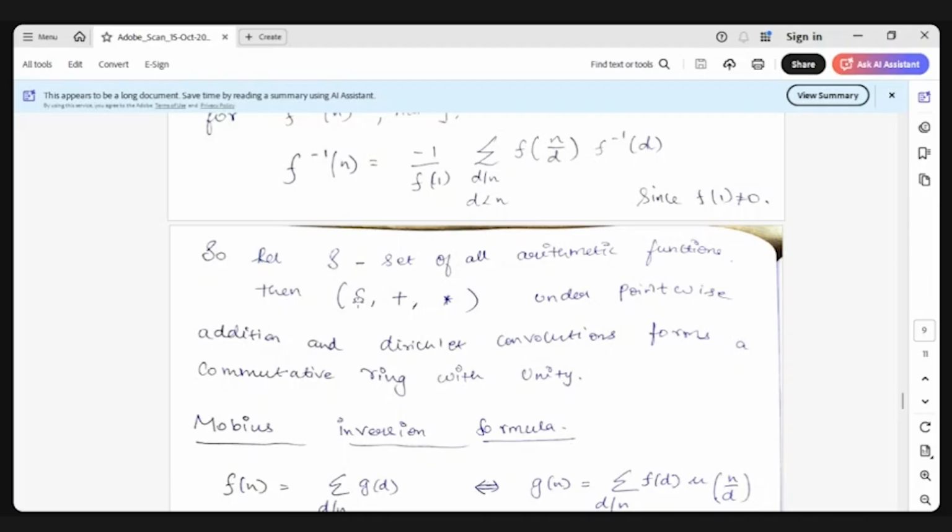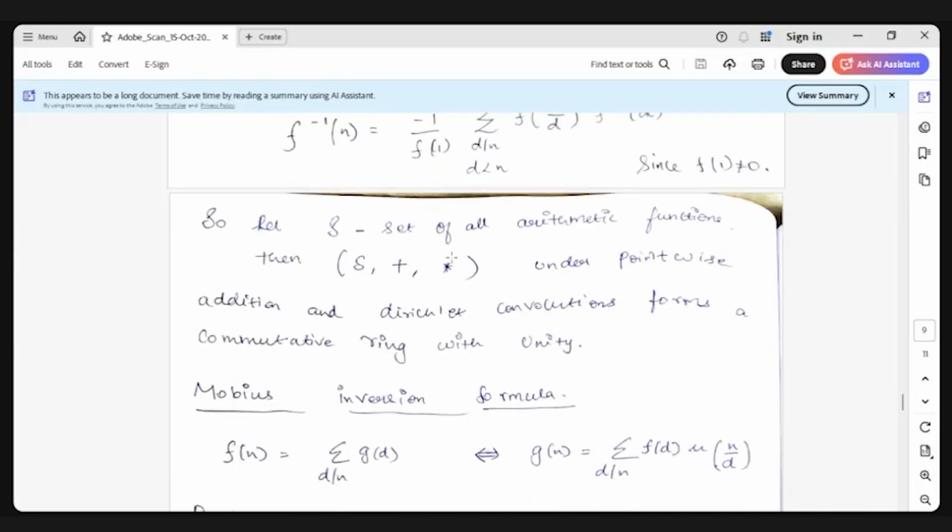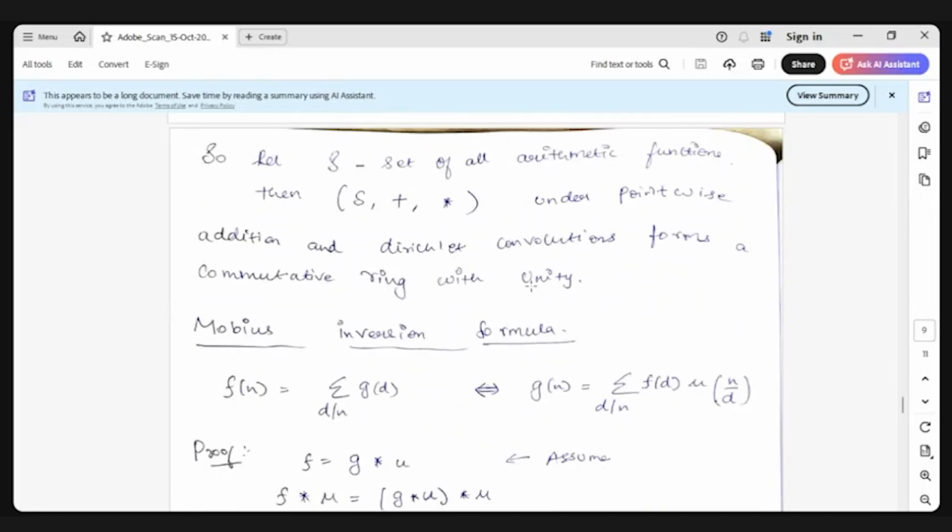Because under addition we already saw it gives an abelian group. With this we checked associativity, and the inverse also. So this has very specific and special algebraic properties.